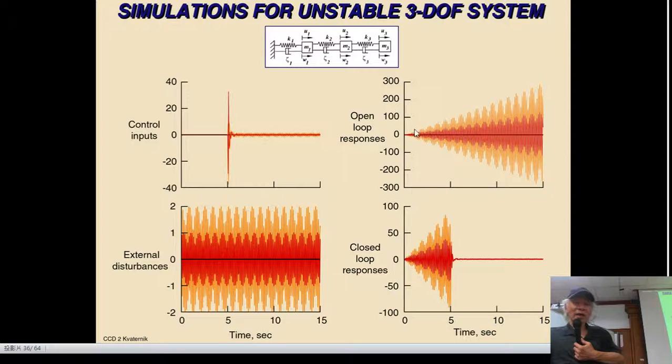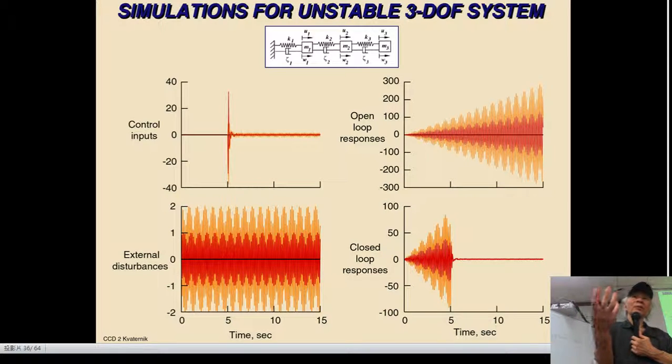Now our measurement output Y will include your open loop responses plus your disturbances, right? When you have 101, your earthquake, and your sensor put on the 86th floor, the sensor will measure your system response plus the earthquake-induced responses, right? You have two kinds of responses. One is system responses. Another one is your earthquake-excited responses.